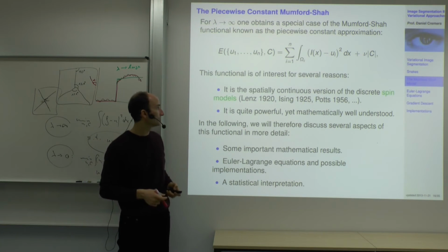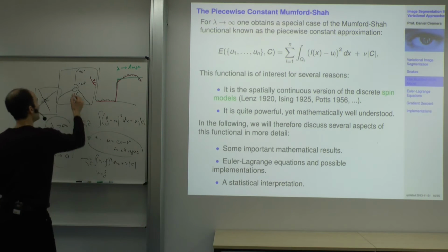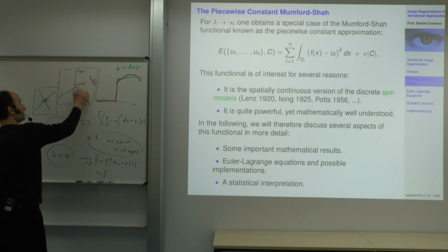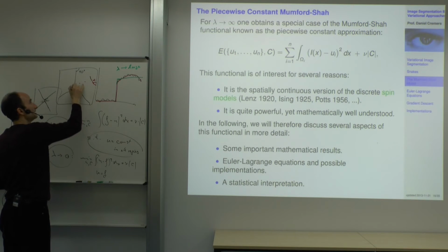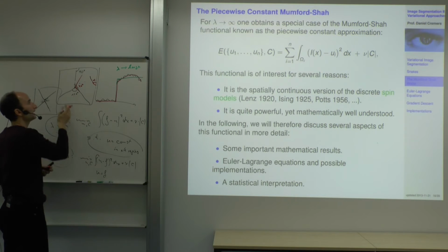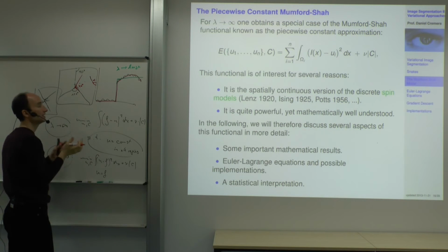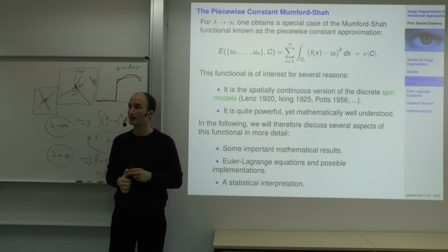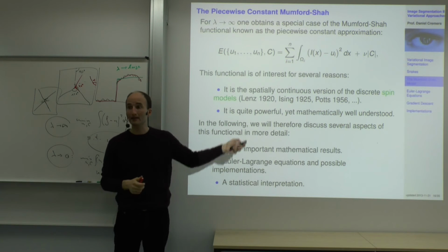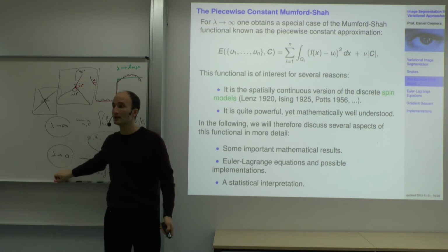Similarly, you can argue that if three boundary segments meet in a point and they don't have 90 degrees, but maybe this one only has, say, 40 degrees or something like that, then by slightly bending that triple junction and moving it here, you reduce the boundary length again without essentially affecting that term.